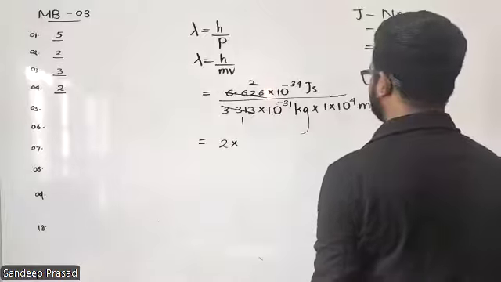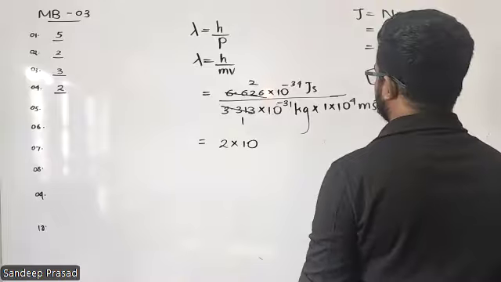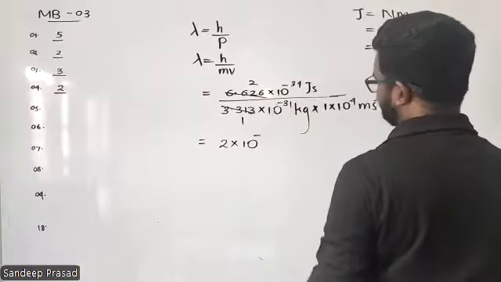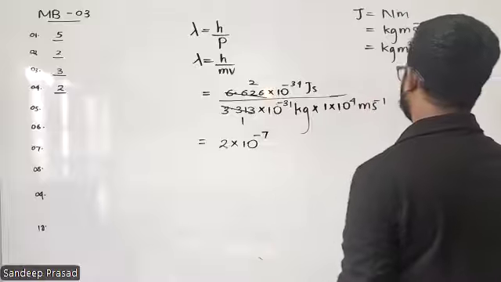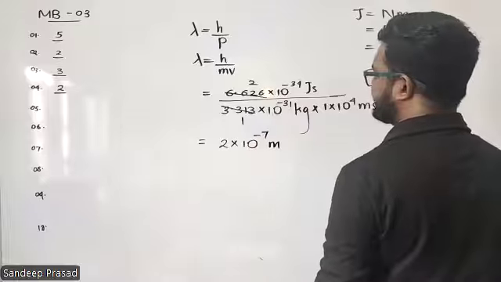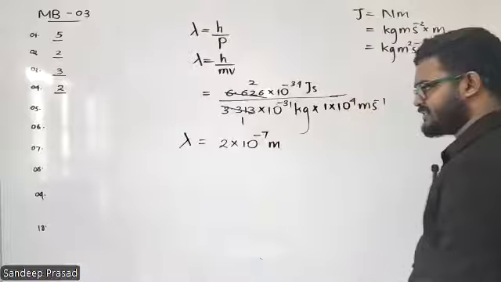Then we have 10 to the power minus 31, minus 38, minus 7. And all the units will be cancelling off. So therefore, the answer will be in meters.